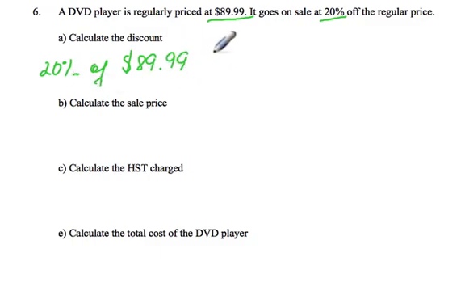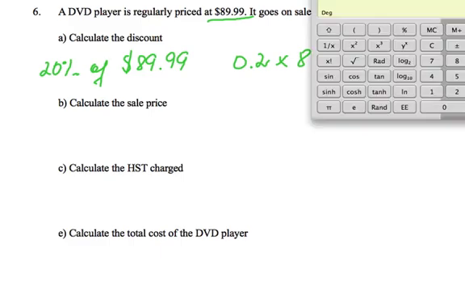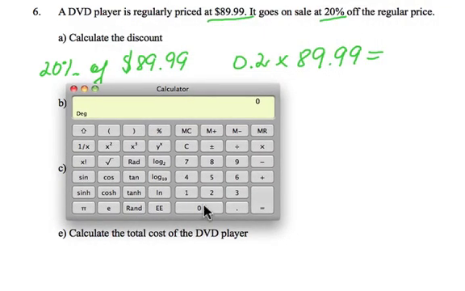I can rewrite 20% as 0.2, and to calculate the discount I will multiply it by the price, 0.2 times $89.99 equals. Here, since we're talking about money, we will always round to two decimal places, so the answer is $18.